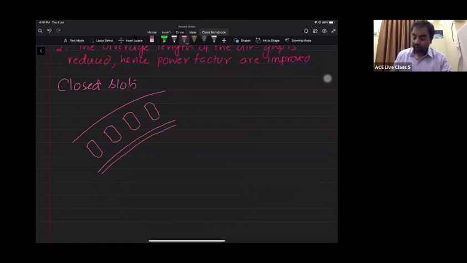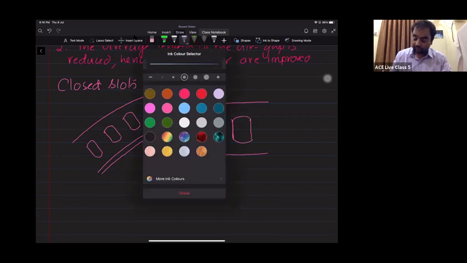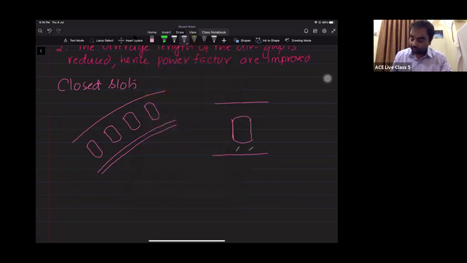Let me draw a single slot view. Like this. So here if I'm trying to draw the leakages, you can see this is the core.